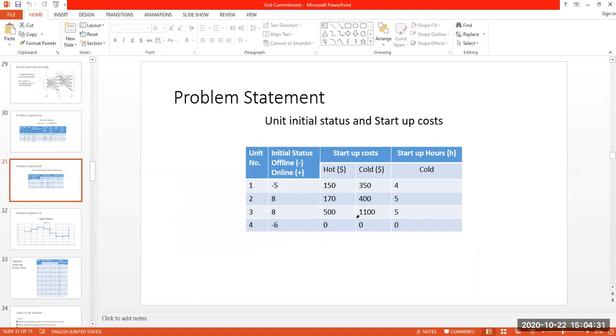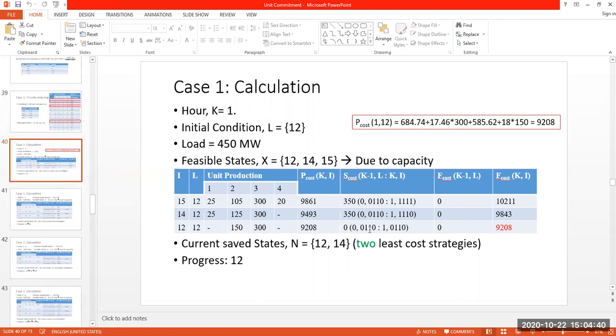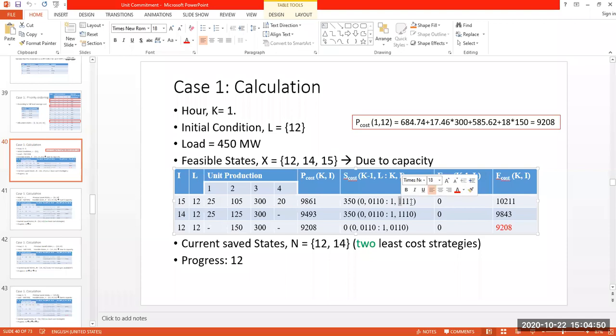You see unit 4 has no startup cost, so it is 0 for unit 4. But we also have to start unit number 1. From this 12, which was 0110, I have to turn on 2 units, unit 1 and unit 4. Unit 4 has no startup cost, so that is 0. But unit 1 has a startup cost of 350, same as this. So I write it down here, and then I add this value and this value to get this value. Clear?